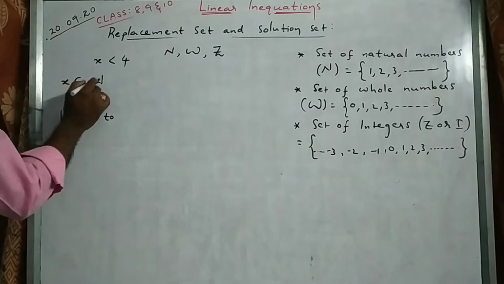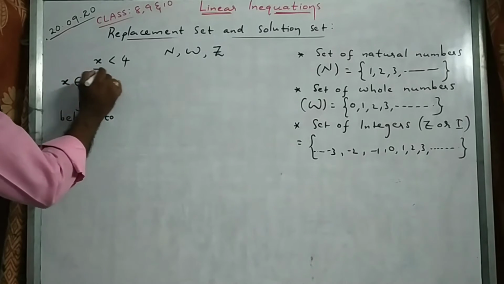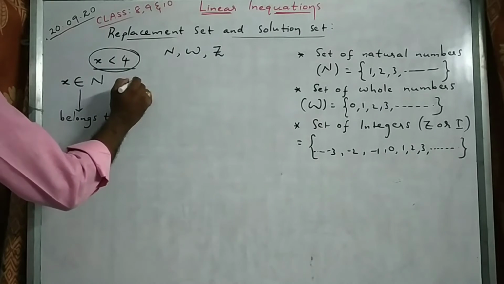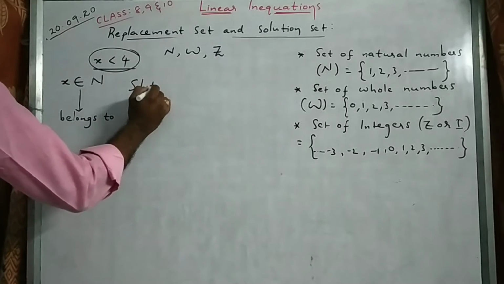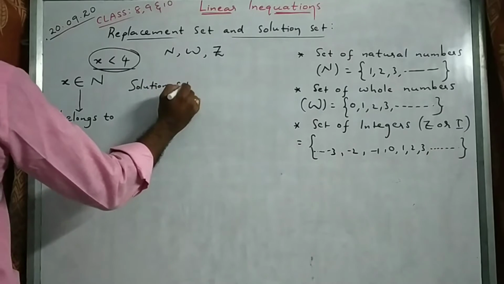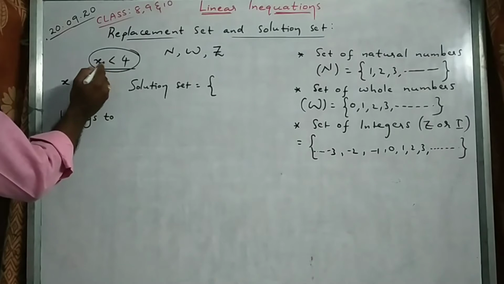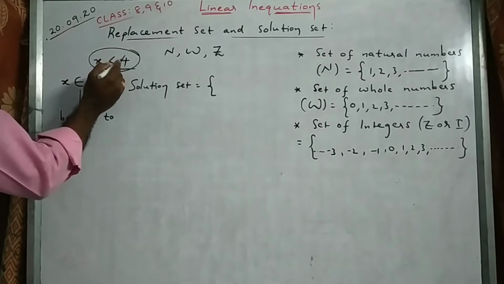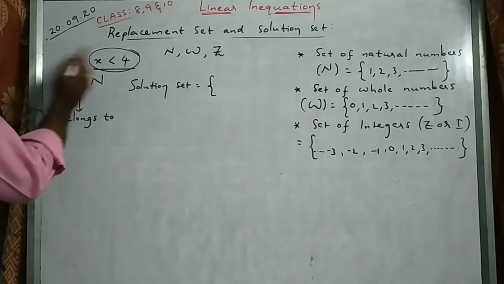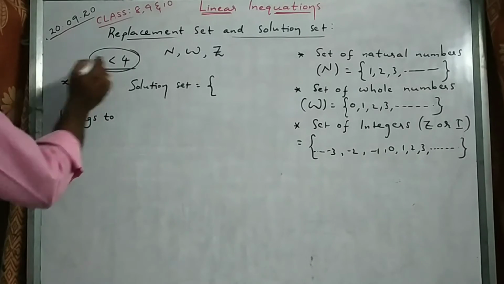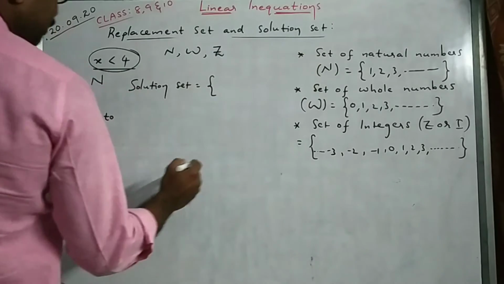So if x is a natural number, how many natural numbers will you get for this solution set? That is called a solution set. The solution set will be x less than 4, meaning below 4. Below 4, how many natural numbers do you have?